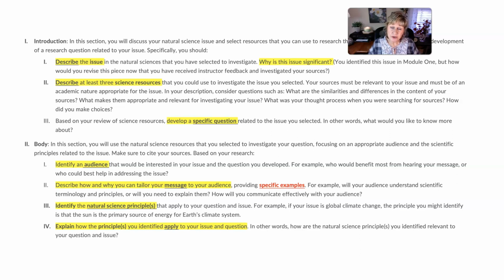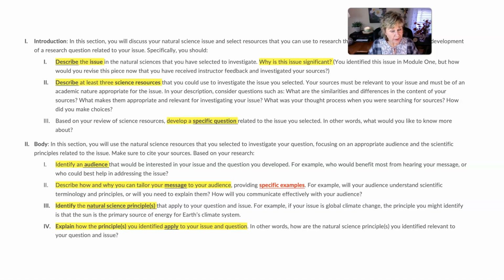Describe the issue. So if your issue is ocean acidification, what is ocean acidification? If you're examining GMOs, you have to explain what GMOs are. You always have to introduce your topic to your audience, because there's going to be somebody in the audience that doesn't know what you're talking about. So you have to introduce it. And then you're going to explain why your issue is significant.